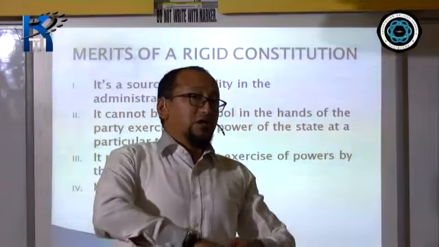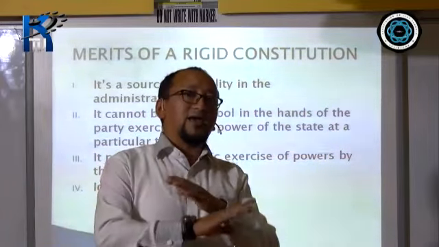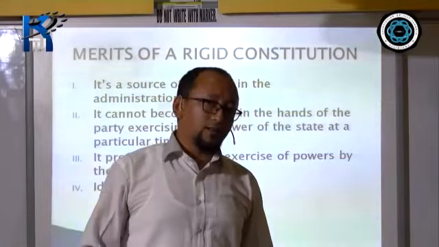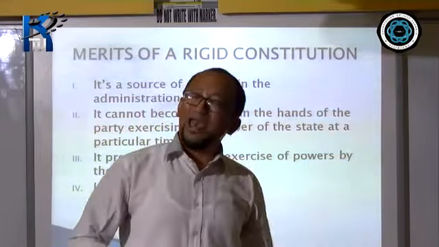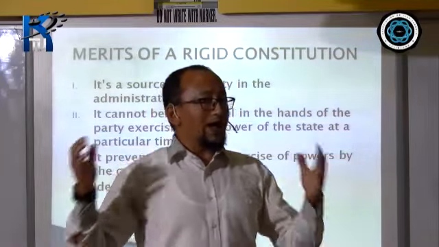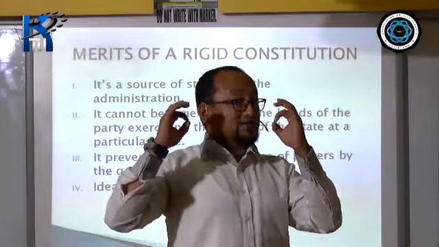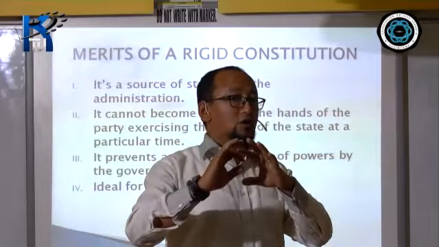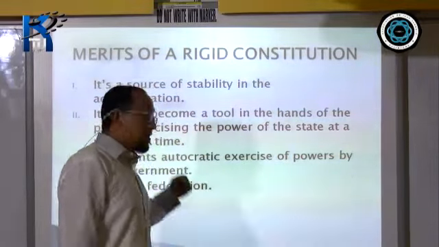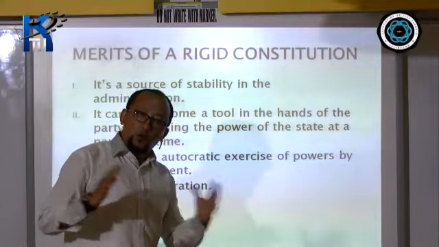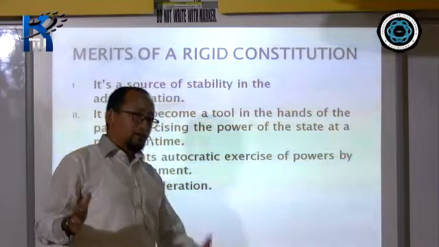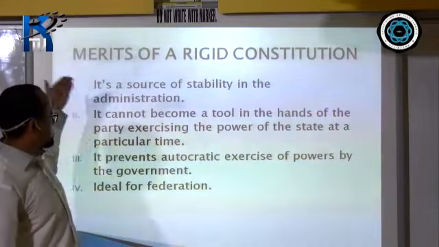They can be so autocratic that they can change it at their own will. They can rule by their own whims and fancies. They can alter the constitution anytime they want to. So I hope you can understand, in a flexible constitution, it is not good. Why? Because it may use its autocratic power to change at its own will. I hope you can get that. Let's look into the next point again. Look at this.